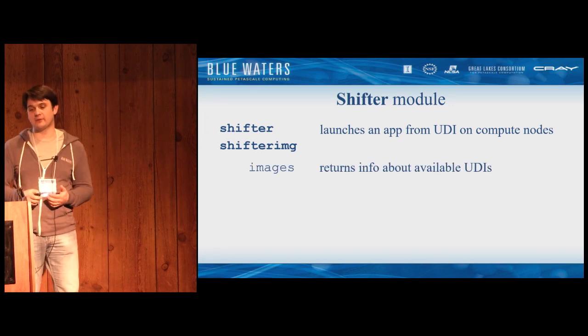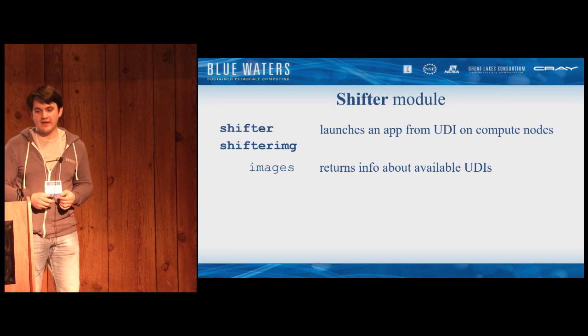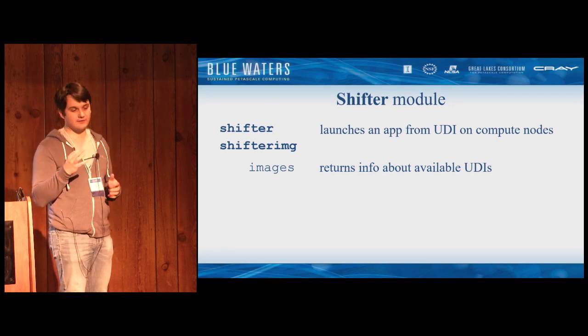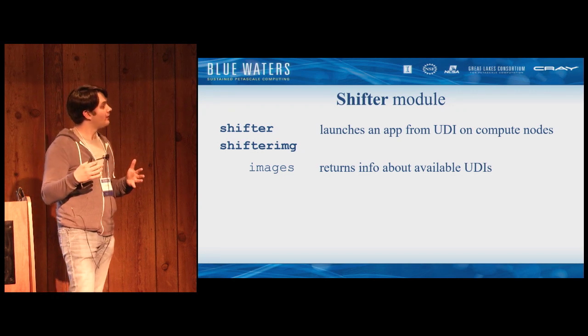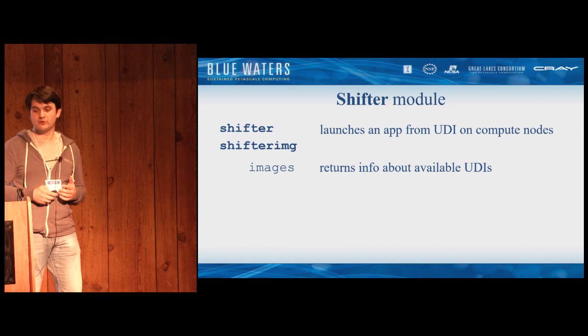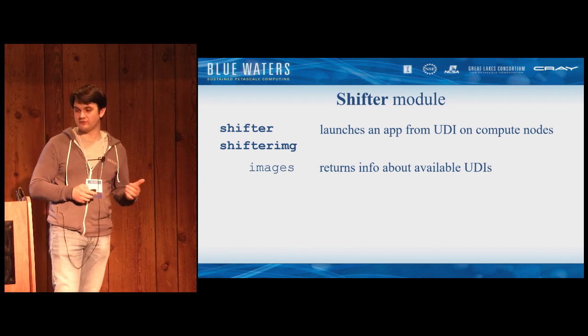The first one that I will mention is images. And images simply returns us the list of already downloaded Docker images that exist on Blue Waters, and you don't have to re-download them.